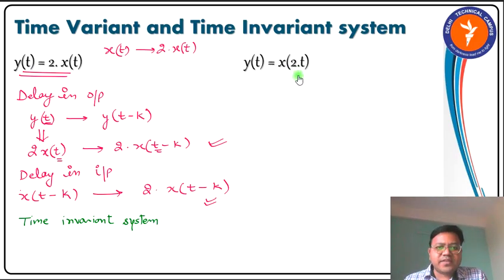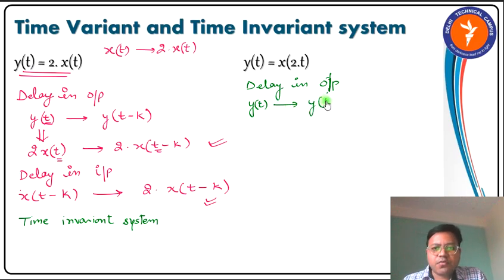Let us discuss this example now. We have y(t) equal to x(2t). Now let us bring the delay in output. Instead of y(t), we will get y(t - k).